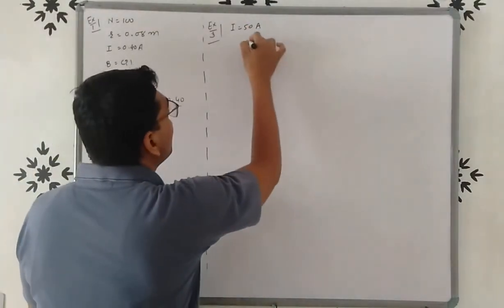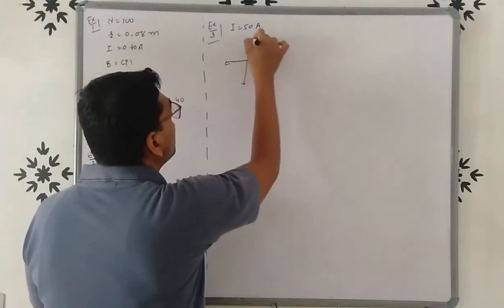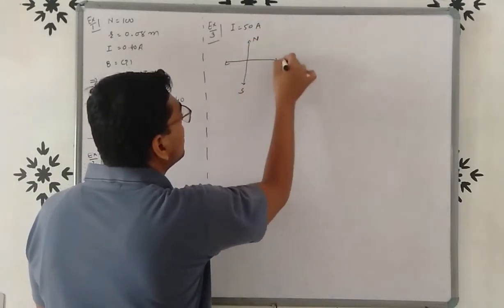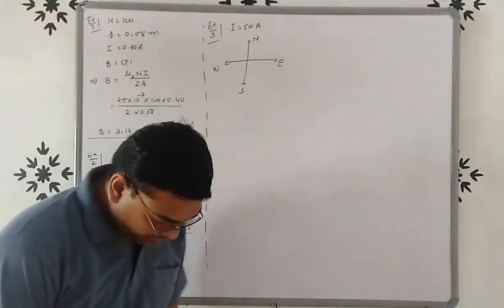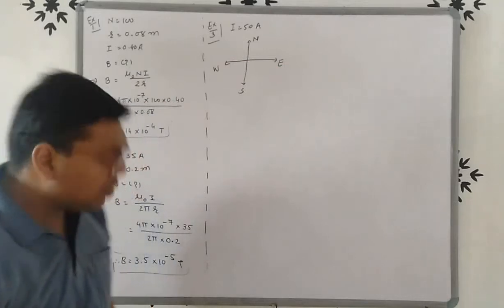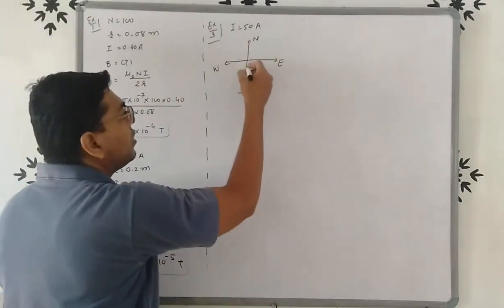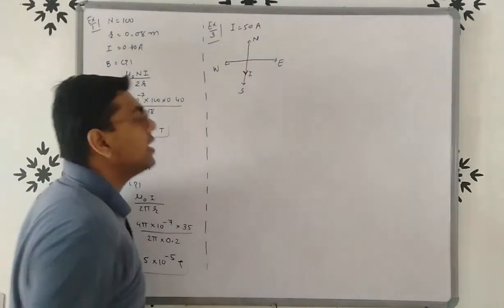So the direction will be like this. This is north, south, east and west. Now here the direction of current is north to south. So from north to south, this is the direction of current I, right?